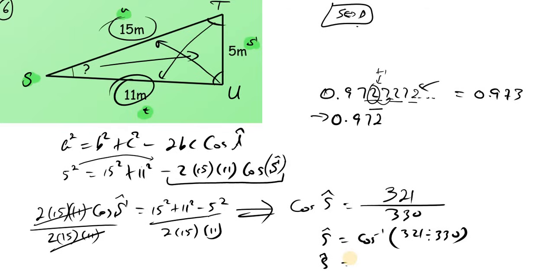You can either put this in as it's given there, or if you round this off to 0.973, you can press cosine inverse of 0.973, close bracket, and you get your answer to be 13.3444, etc. So it'll be 13.3. And since we're dealing with angles, this is going to be 13.3 degrees. Relatively small angle. All right.